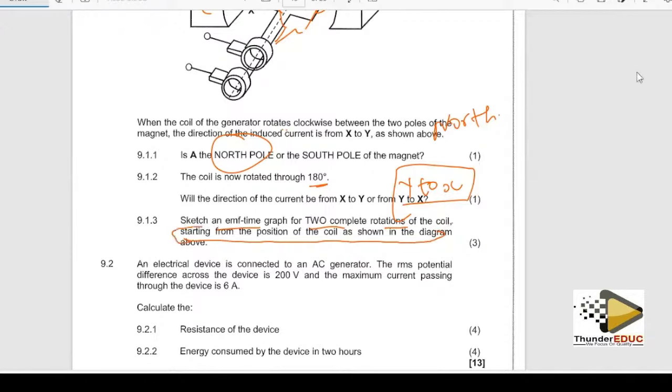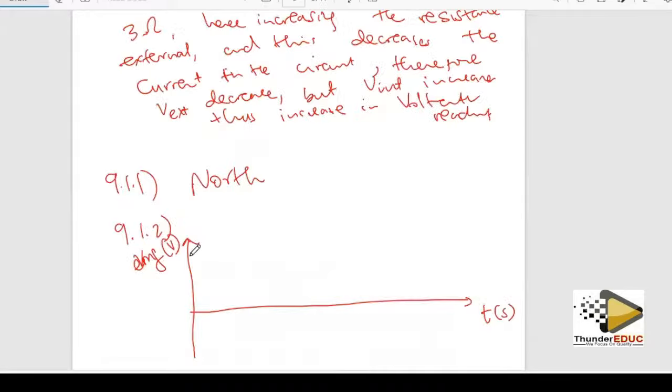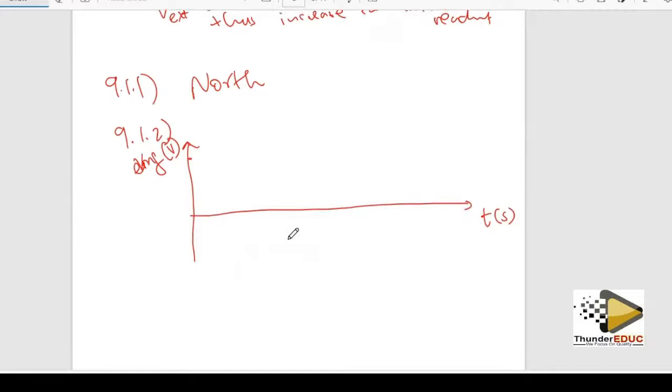So when the coil is horizontal, that's when we experience the maximum EMF. So what I'm going to have is something like this. That is one rotation. And then I'm going to have another rotation, something like that. So that would be my EMF-time graph.